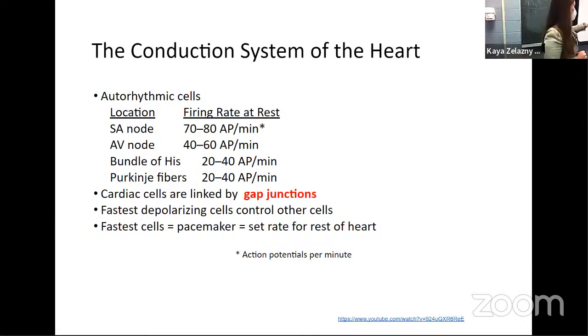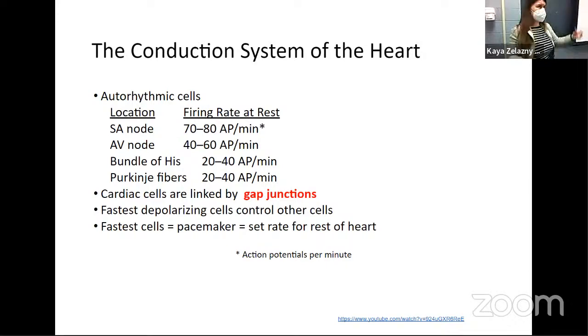These different cell types are controlling the conduction of this action potential within the structure of the heart. But we also need to spread those action potentials into the muscle cells that are actually doing the contraction. Like with our smooth muscle, cardiac cells have a lot of gap junctions.